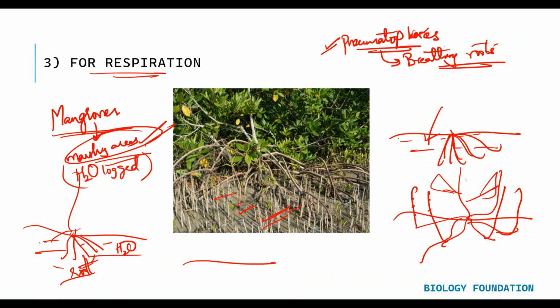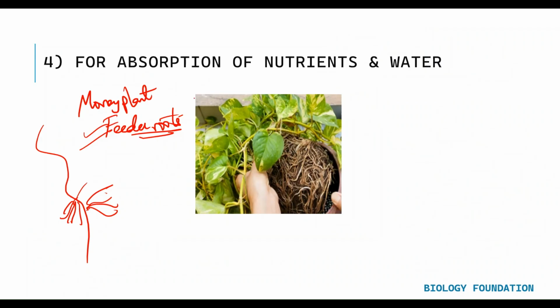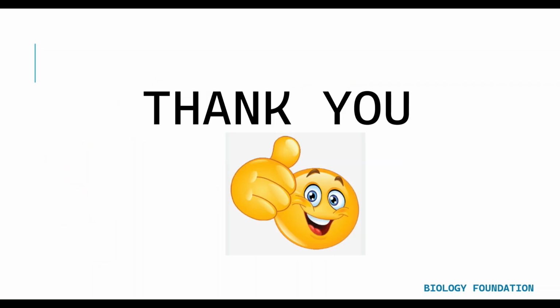Now, those roots which help in breathing because they have certain pores in them are called pneumatophores or breathing roots. In some plants, roots develop from the stem and help in proper absorption of nutrients and water. They are called feeder roots, which are found in money plant. So in today's video, I have just given an intro about Unit 3, Structure and Function of Plants, where we discussed the root system, where the root system comprises primary, secondary roots and root hairs.